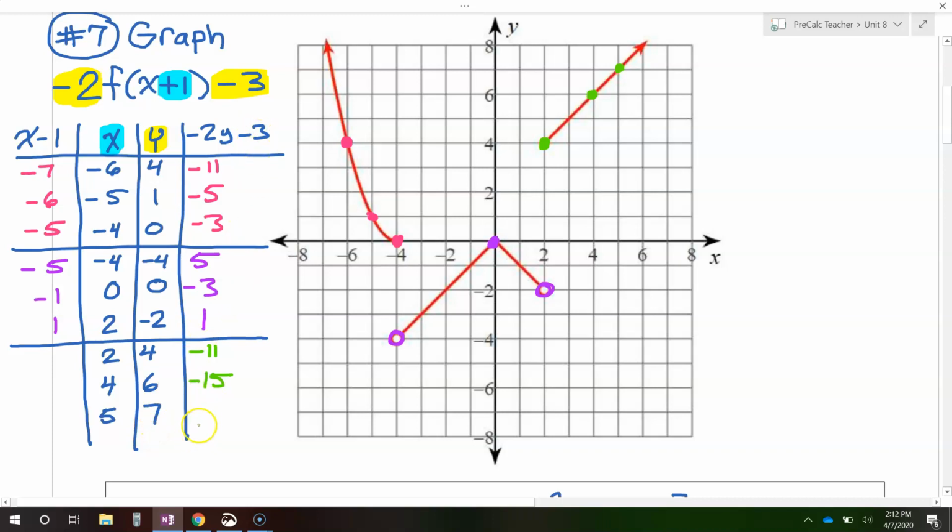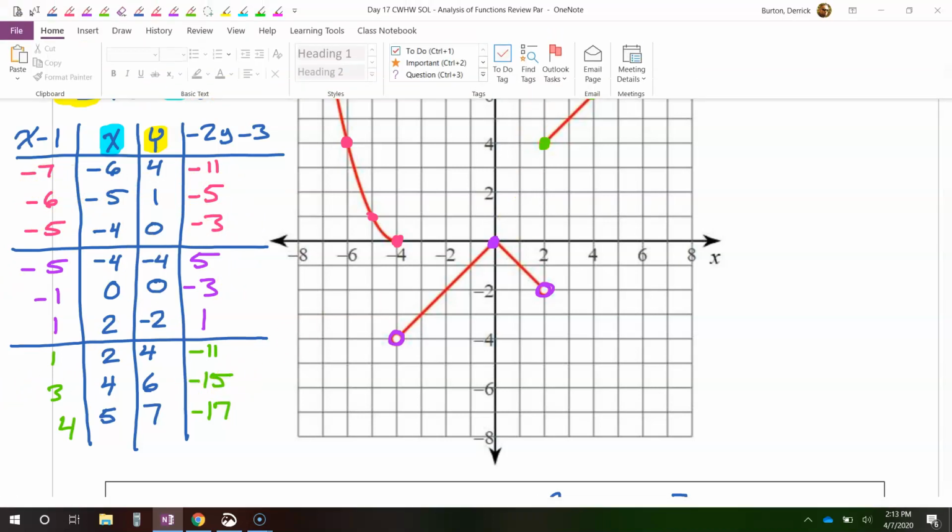Minus 3 is -17. Okay, so that's way off the graph. Oh well, we will do our best. Now, subtracting 1 from everything gives us 1, 3, and 4. So, all we have to do now is graph these red points and purple points and green points, and that will give us the transformation.